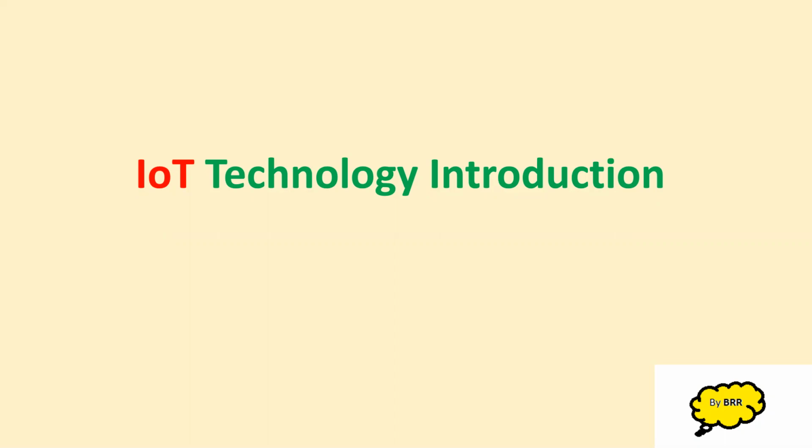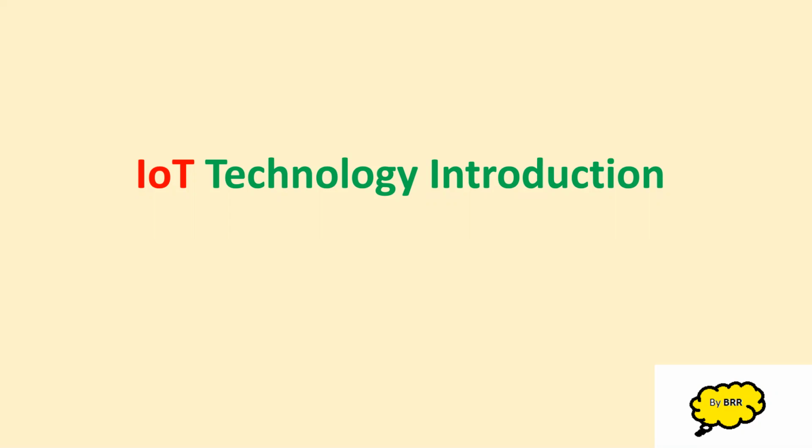Let us say the Internet of Things is a system of interrelated computing devices. It has mixed devices that compute specific needs, and it contains mechanical and digital machines or objects that are provided with unique identifiers and the ability to transfer data over a network, without requiring human-to-human or human-to-computer interaction.